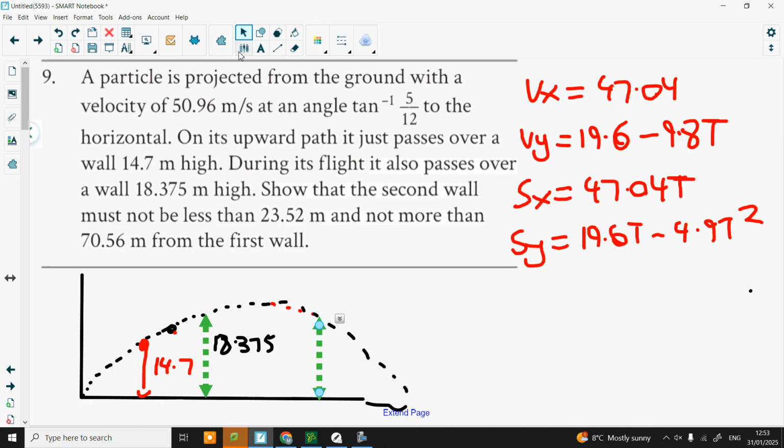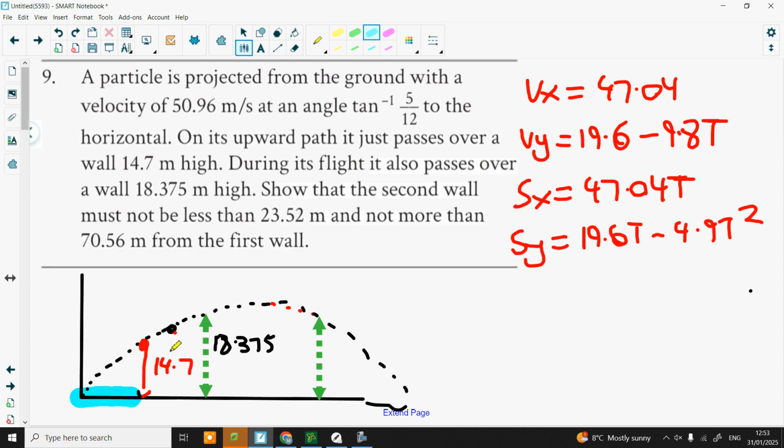Okay. What I'm thinking is, I would like to know, see this blue distance on the board? What direction is that in? s x. I would love to know that distance.